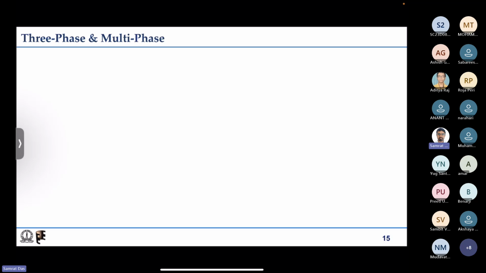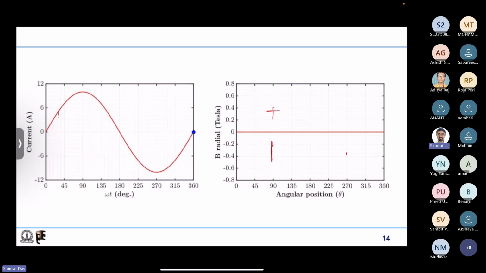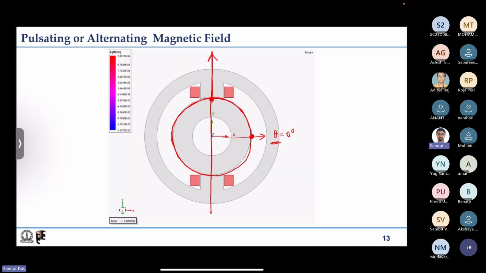In the earlier case we had only one phase, so we had placed the axis of our magnetic field. You can now understand that this axis indicates the direction of magnetic field if positive current is excited. If negative current is excited, then this will flip, right?